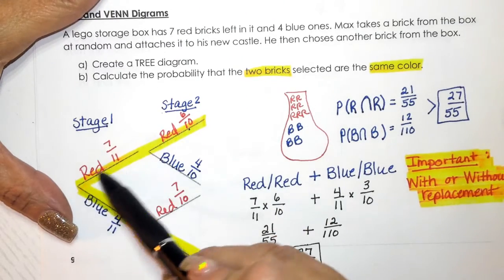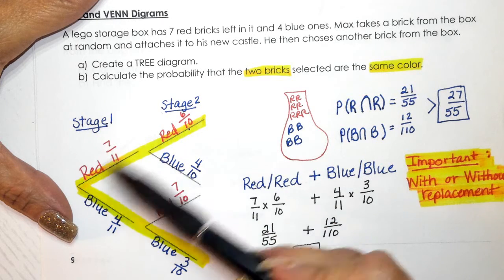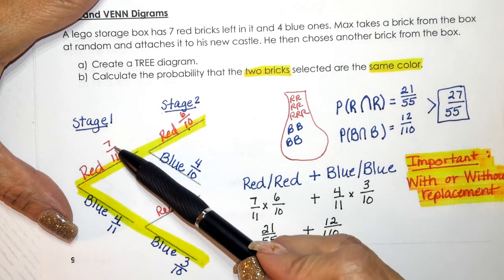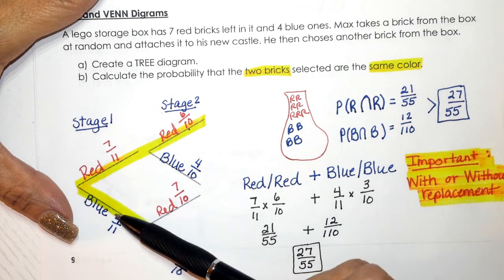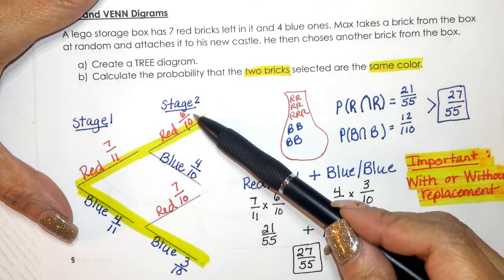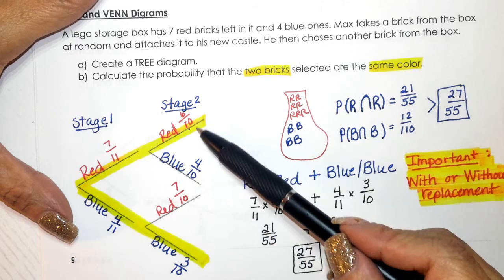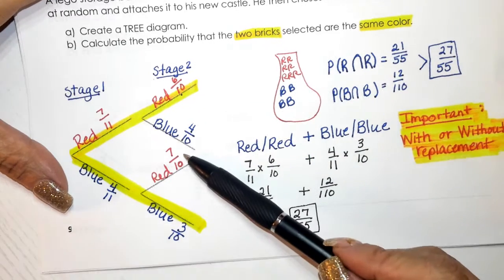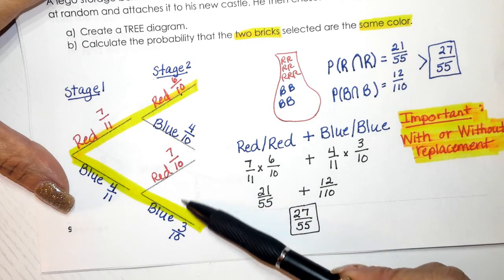The branches of our tree diagram, they add up to 1. Okay, so 7 over 11 plus 4 over 11, what is that? Oh, that's 11 over 11, that's 1. 6 over 10 plus 4 over 10. Oh, that's 10 over 10. 7 over 10 and 3 over 10. Oh, they add up to 1.